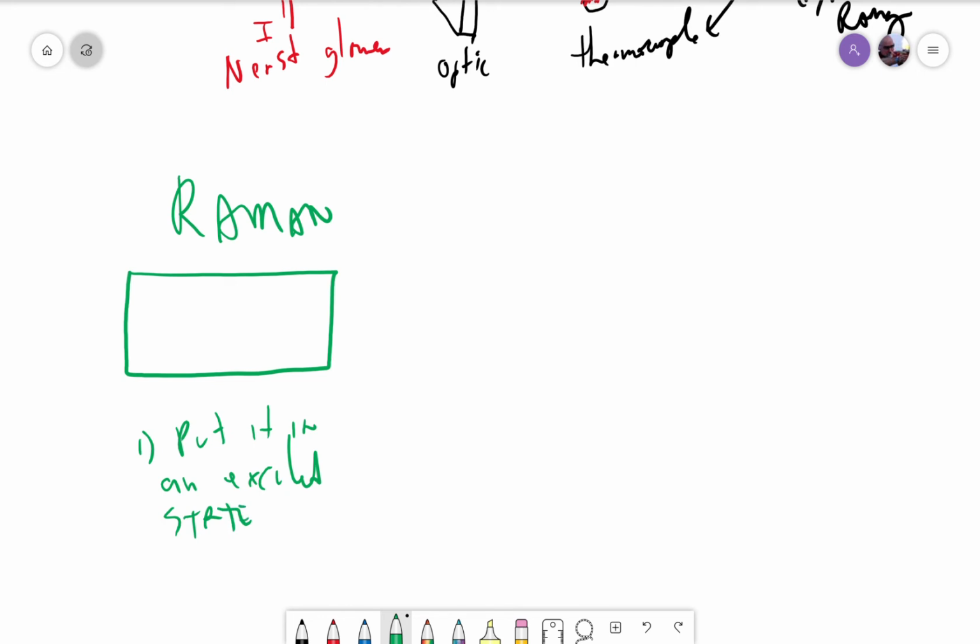The nice thing about Raman is it doesn't have to be resonant with the transition. It can be any wavelength you choose. The downside is it can only be one wavelength. We want to know the exact energy of the wavelength being emitted that will promote it into the virtual state.